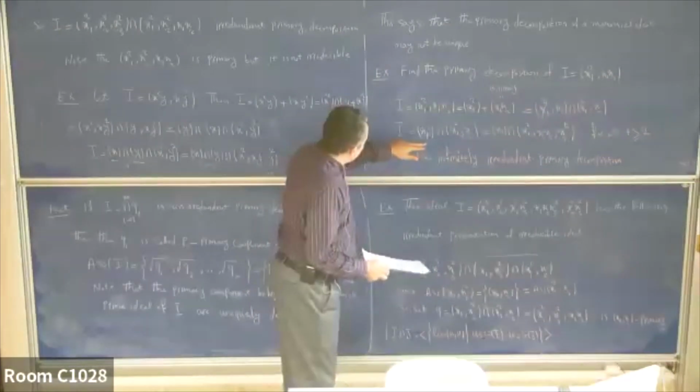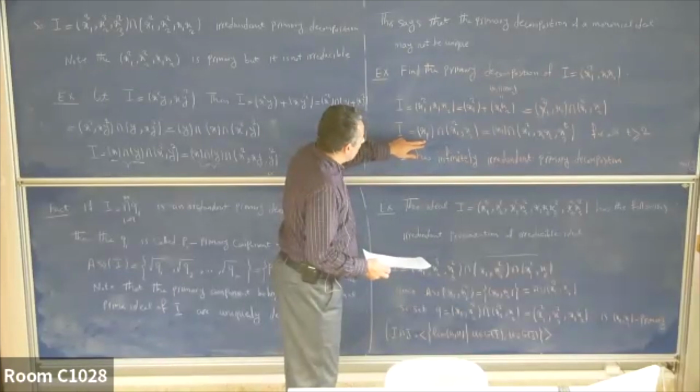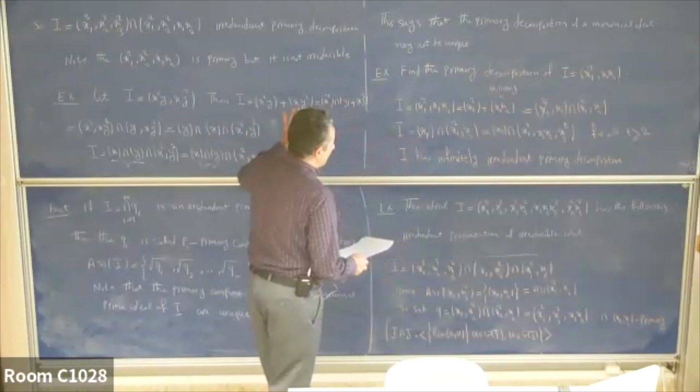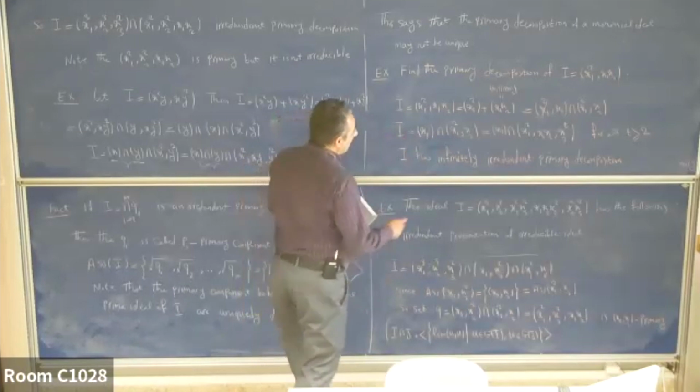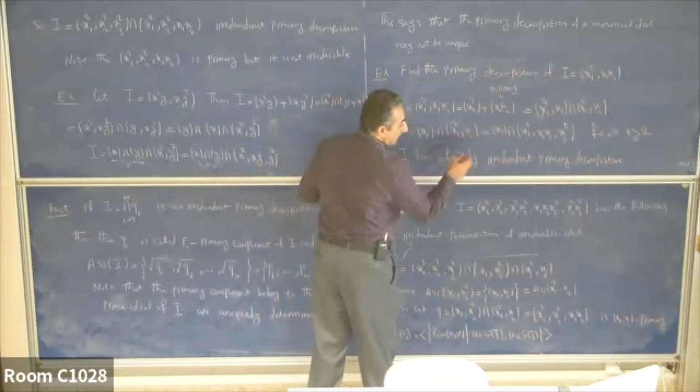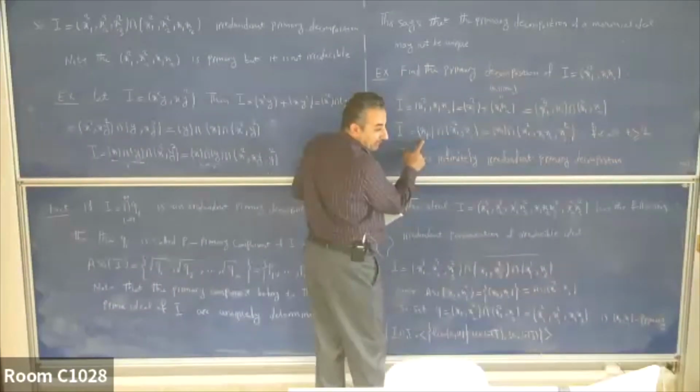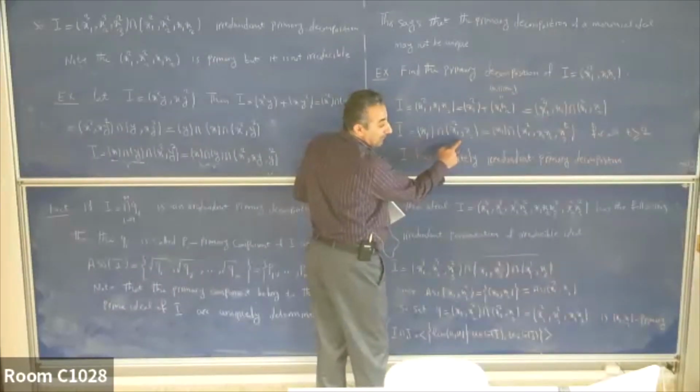There is a result by Ortiz saying that if you fix the nilpotency order of each primary component, the minimal component is fixed and cannot change. But this is the embedded one.